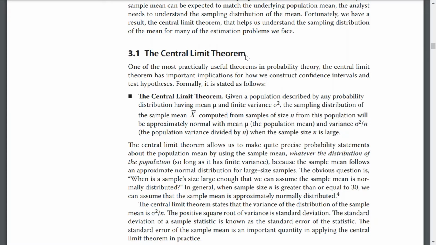The central limit theorem: given a population described by any probability distribution having mean mu and finite variance sigma squared, the sampling distribution of the sample mean x bar, computed from samples of size n from the population, will be approximately normal with mean mu, the population mean, and variance sigma squared divided by n, the population variance divided by n, when the sample size n is large.